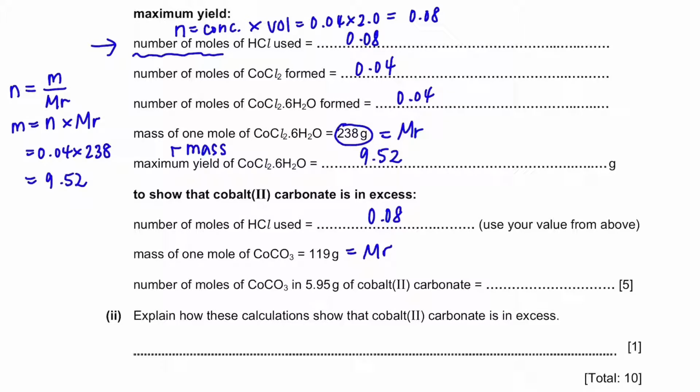Now we need to find the number of moles of CoCO3 in 5.95 grams of cobalt 2 carbonate. They have given us the relative molecular mass and its mass as well, so we just need to do our calculations. Number of moles equals mass divided by relative molecular mass. So 5.95 divided by 119, and that will be 0.05.